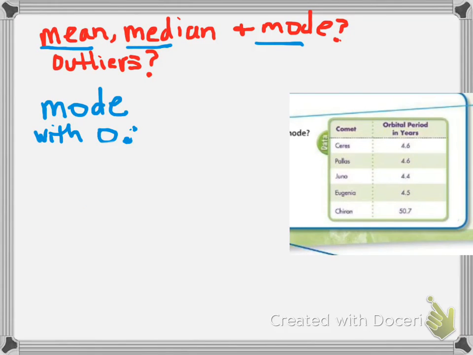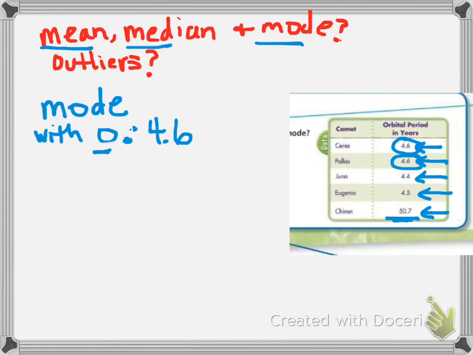Okay, what we're going to do first is find the mode with the outlier, and I put an O to represent outlier, so we're going to go ahead and include this one. And remember the mode means the one that occurs the most often, the one that repeats. So looking at the data here, 4.6, 4.6, 4.4, 4.5, 50.7, 4.6 is our mode, the one that repeats.